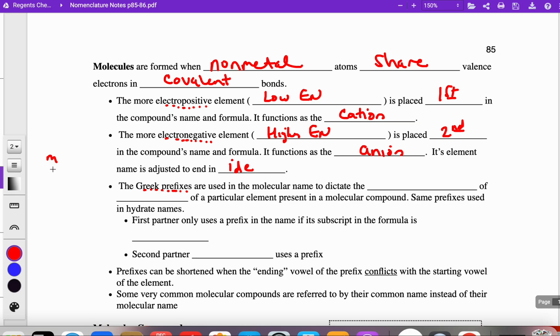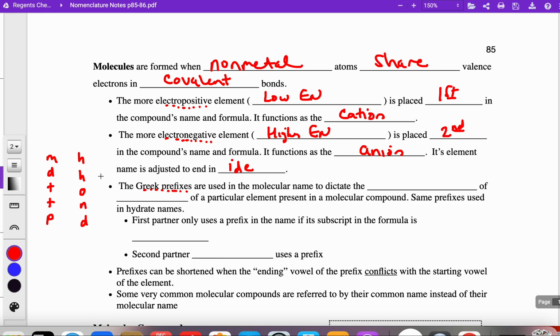So you have M for mono, D for di, T for tri, T for tetra, P for penta, H for hexa, H for hepta, O for octa, N for nona, and D for deca. And they go in order of mono through penta, 1 through 5, hexa to deca, 6 to 10.